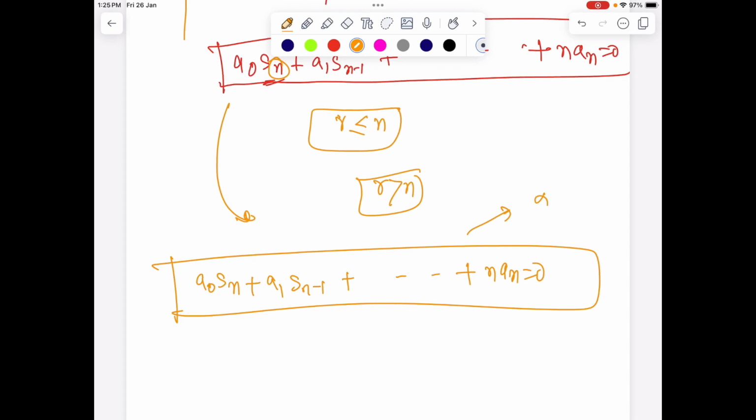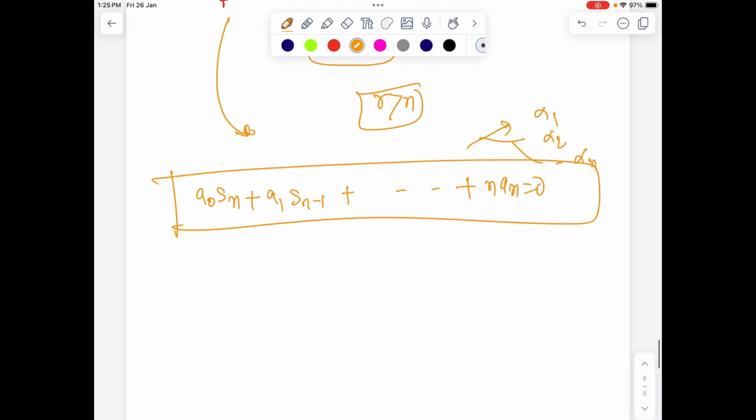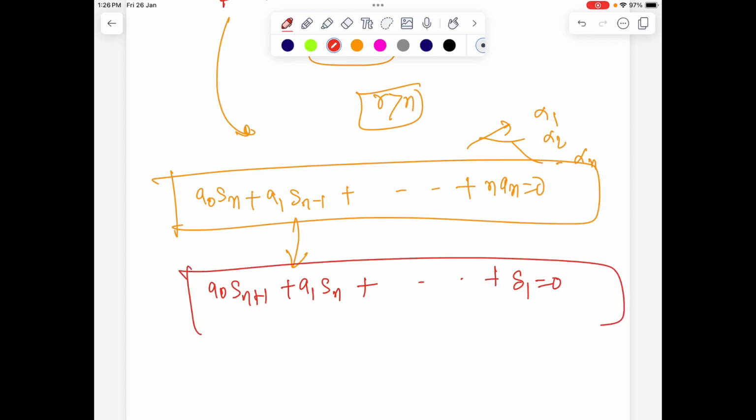You can easily see that alpha 1, alpha 2, alpha 3, alpha 4 up to alpha n will satisfy this equation. Next, you multiply this with x, so you'll get a naught s(n plus 1) plus a1 sn, and so on and so forth. The last will be s1 equals 0.